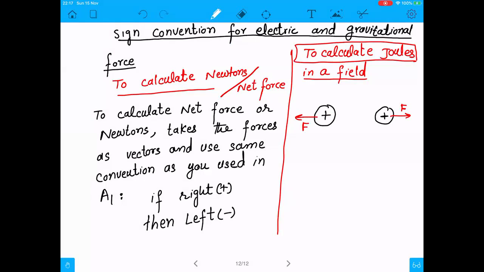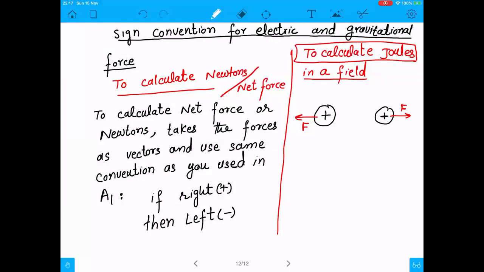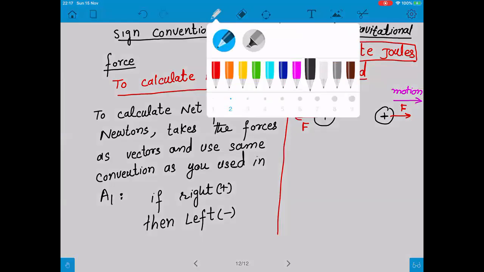Generally, displacement of things in A2 is taken outwards. If we let these charges go in their way, they are already repelling each other. Because of repulsion, they will move outwards, so their motion will be outwards on their own. So we generally take the displacement vector outwards.